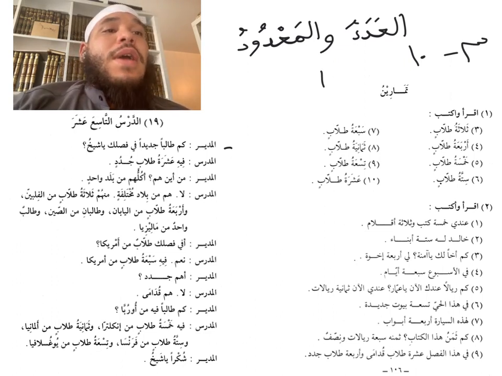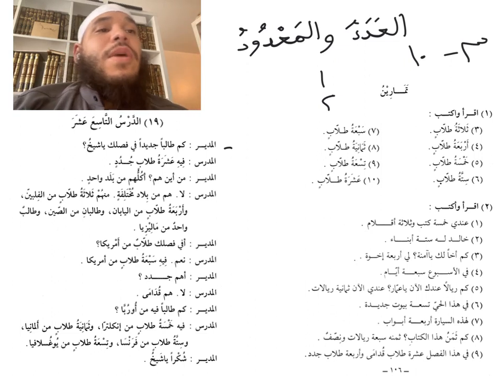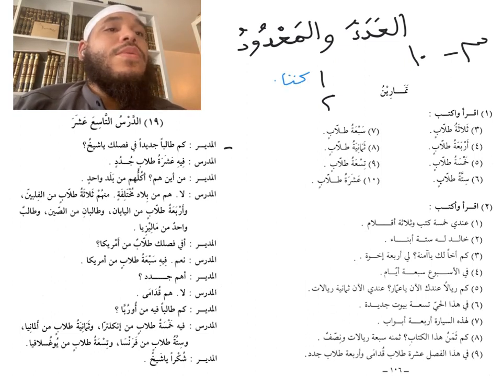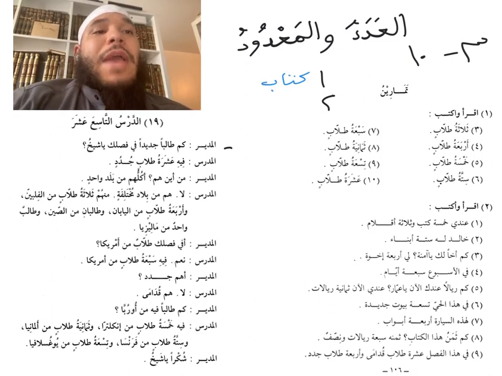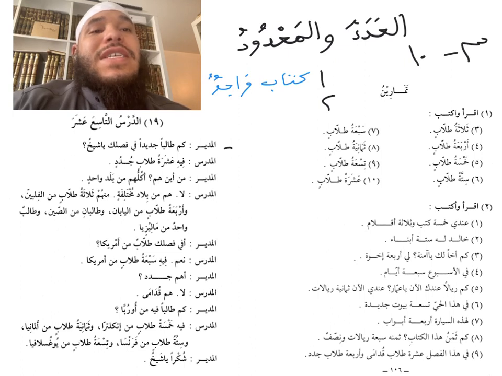Because number 1 and number 2 are treated as adjectives. So I say, for example, kitabun. It means a book. It means one book anyway. Kitabun wahidun. So when I write wahidun, this is literally emphasizing that it's one book. Same as we learnt jewel just now.